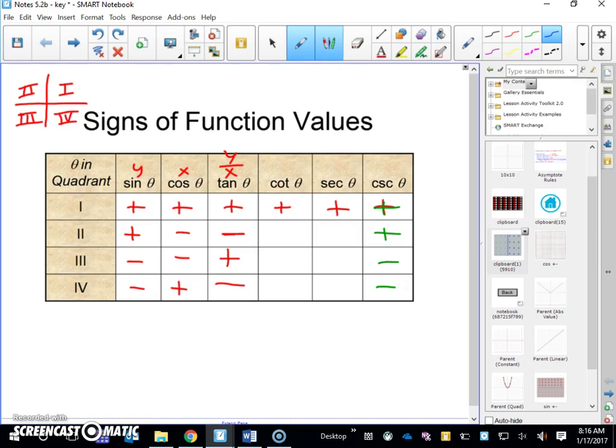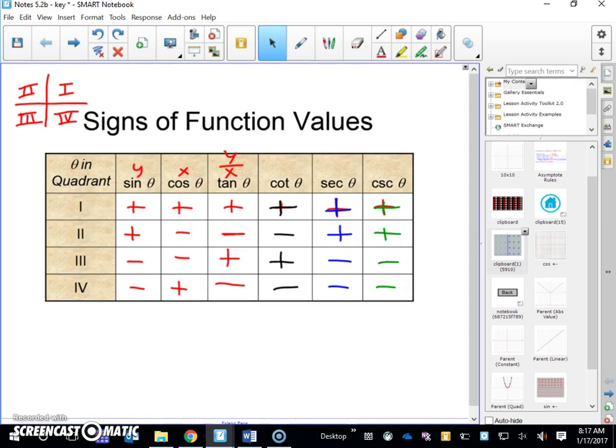We know that cosine and secant are reciprocals, and so cosine and secant would have identical values. We know that tangent and cotangent are reciprocals, and so tangent and cotangent would have identical positives and negatives. That's kind of how I remember it. I was able to figure out sine and cosine off of just x and y values.